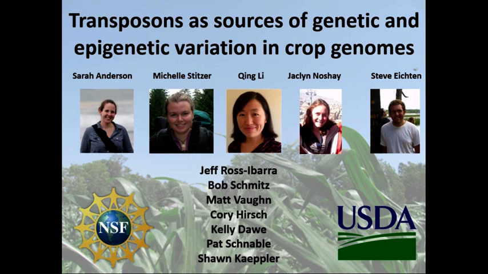His group uses a combination of classical genetics, molecular genetics, and genomic approaches to study molecular and inheritance variation in maize. He is also the director of the Microbial and Plant Genomics Institute at University of Minnesota, and he's an editor for the PLOS Genetics and Plant Physiology journals. That's it. Please join me in welcoming Dr. Nathan Springer.